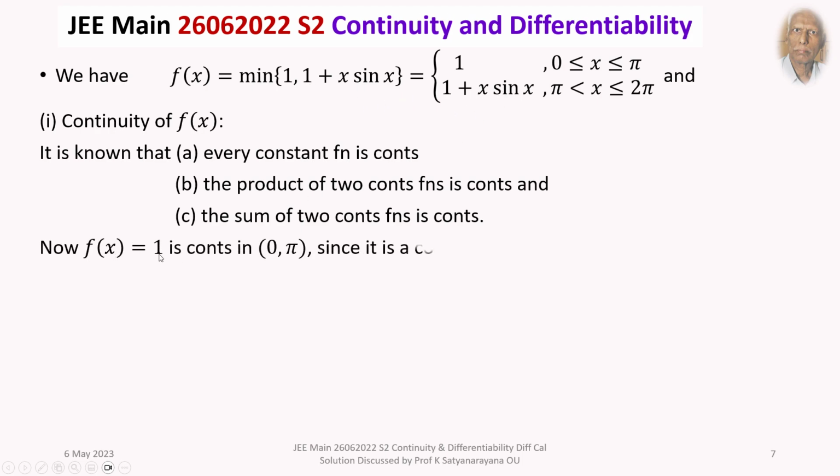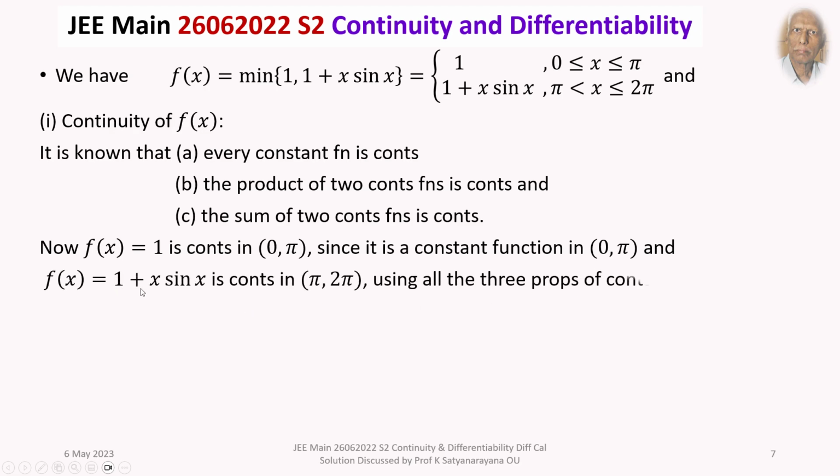Now, f of x equal to 1 is continuous in the open interval 0 to pi, because it is a constant function. And f of x equal to 1 plus x sin x is continuous in the open interval pi to 2 pi, using all three properties of continuous functions.